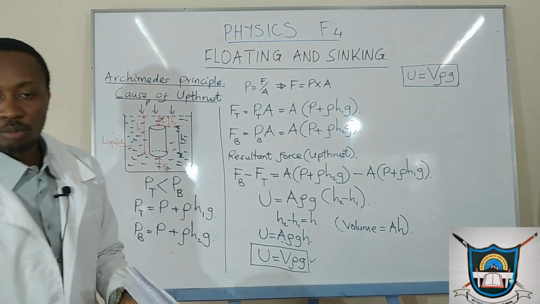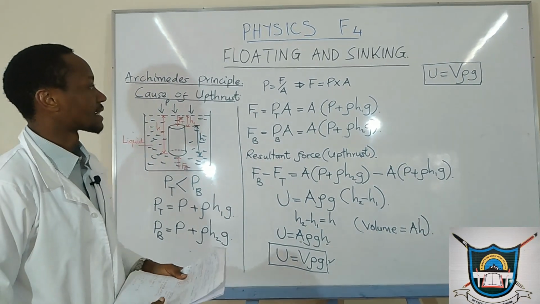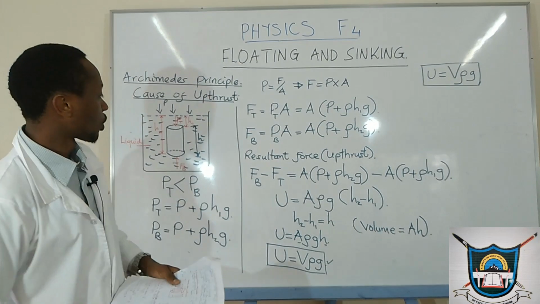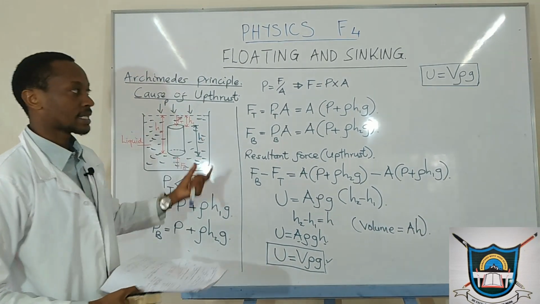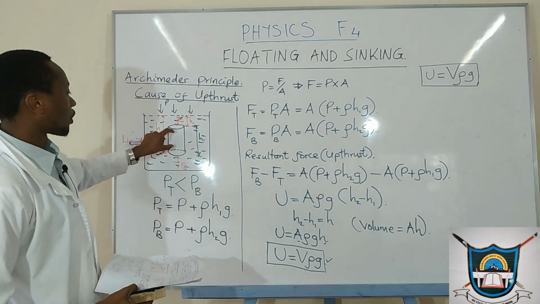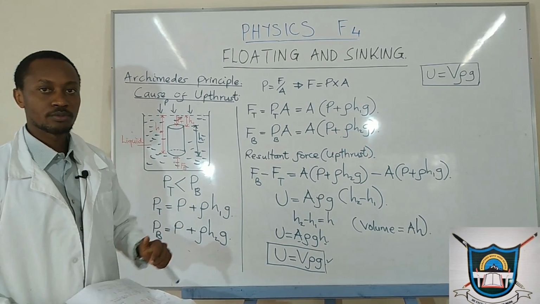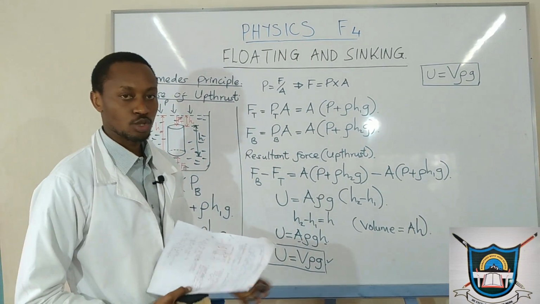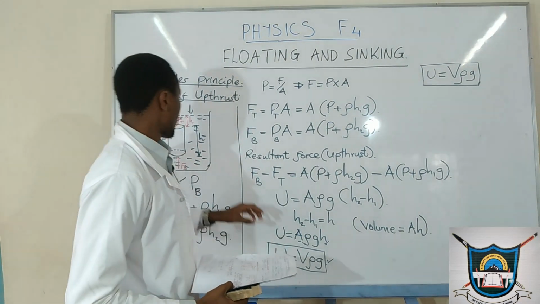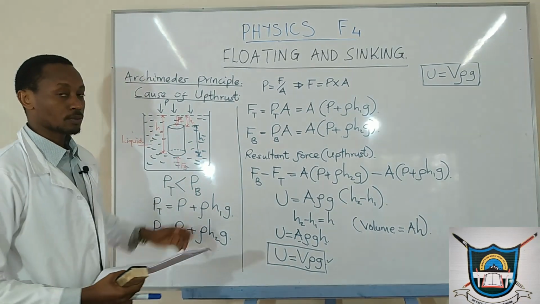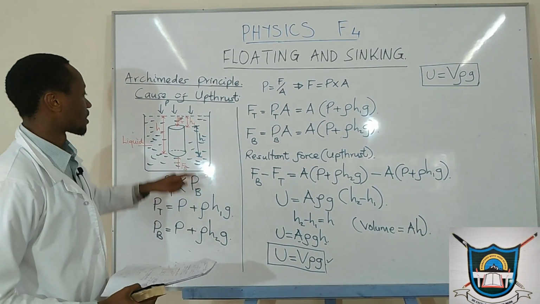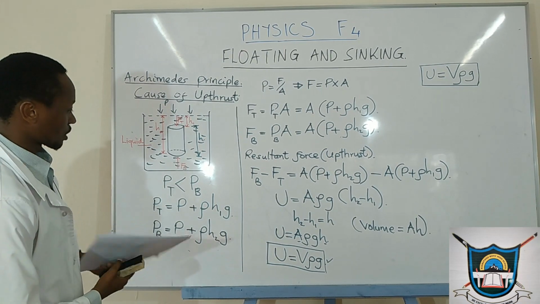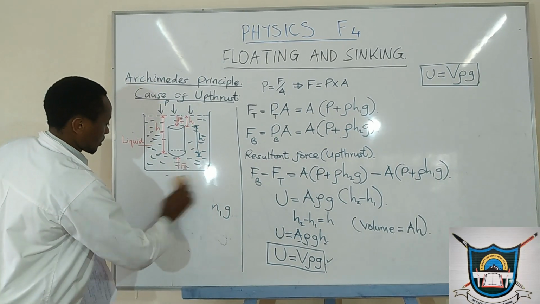Now, also in Form 1, student, we learned that the volume of the fluid which is displaced is equal to the volume of that body. That is a concept you learned in Form 1, under the topic of measurements 1. The volume of the liquid displaced is equal to the volume of that body. So let's continue.